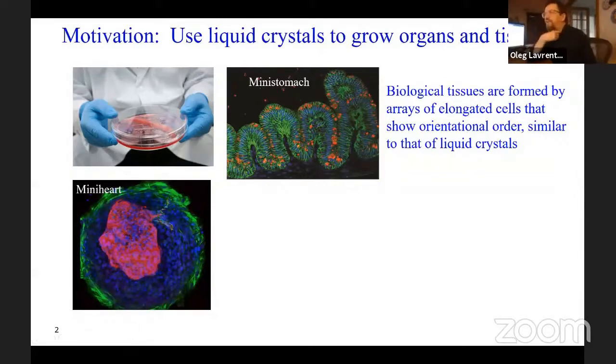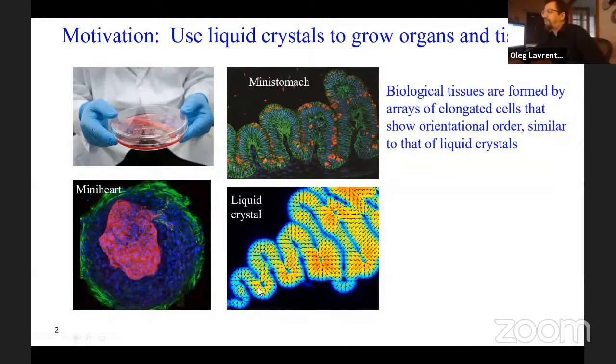And if you look carefully, you would realize that one of the main ingredients in those organs is orientational order of elongated cells. Here, for example, in this stomach, you see some needle-like cells that are arranged along the organ with some orientational order. And for those of us who are used to working with liquid crystals, this is reminiscent of how the molecules of liquid crystals are arranged in space.